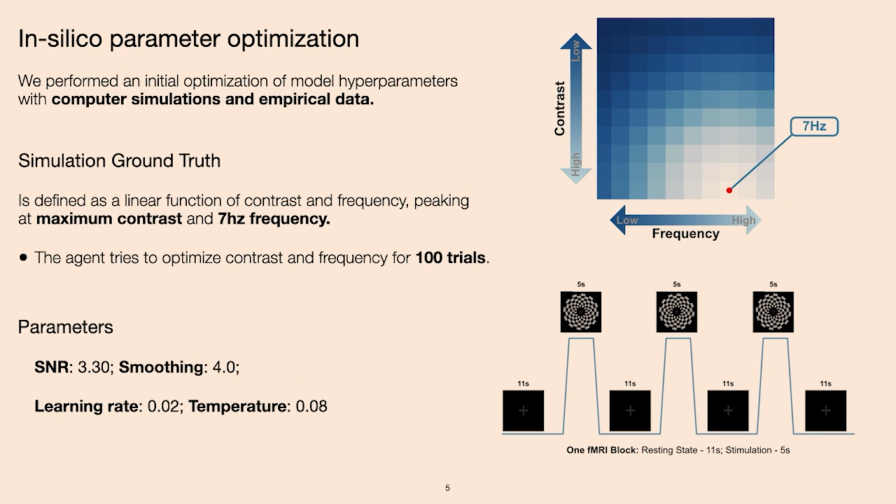We take the data from each block and give it to the reinforcement learner as a reward, and the loop continues as I said. The parameters that you see on the bottom are the parameters we found to be important for our approach to work, and they are basically the SNR, so it has to be over a certain level, the smoothing of the Q table, the learning rate, and the temperature.